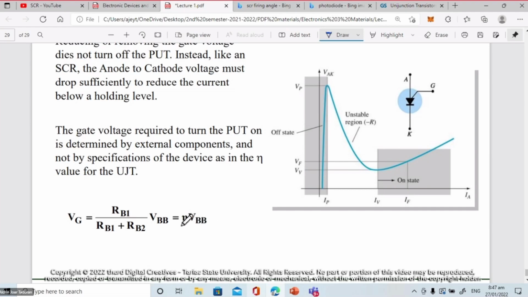We can compute yung standoff ratio katulad din sa UJT kanina na RB1 over RB1 plus RB2. Ratio lang din naman niya mga yan. Mas maikli lang equation, hindi katulad doon sa UJT natin kanina, VP is equal to standoff ratio times VBB plus VD. Dito lang, para makuha natin yung trigger natin sa gate, standoff ratio times VBB lang siya.